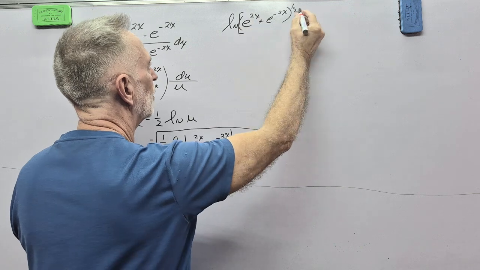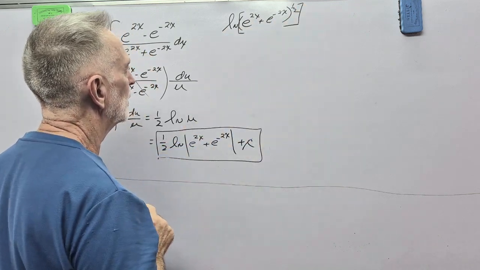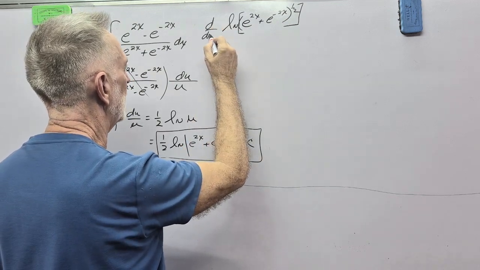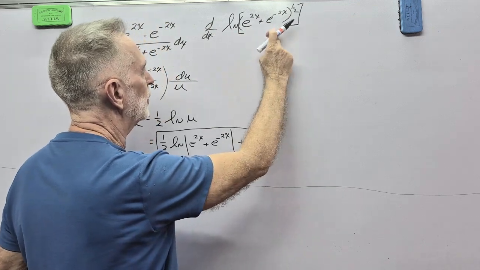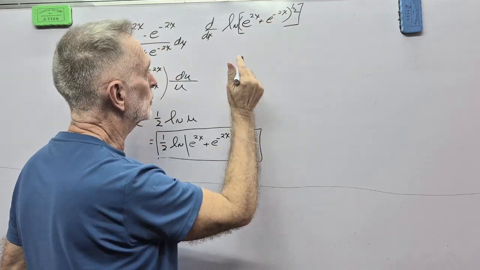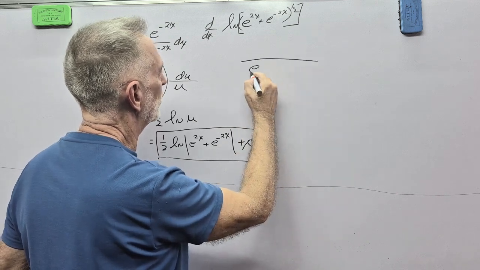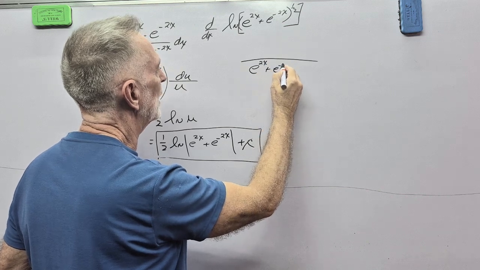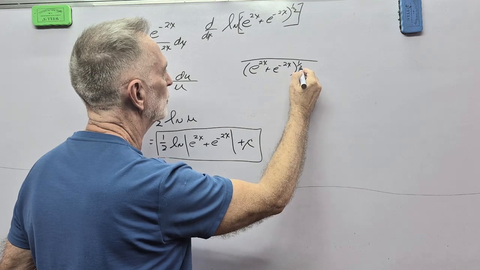If I take the derivative of this with respect to x, I end up with the derivative of this function over that function. So I'm going to write the function down first: e to the 2x plus e to the minus 2x, to the 1/2.